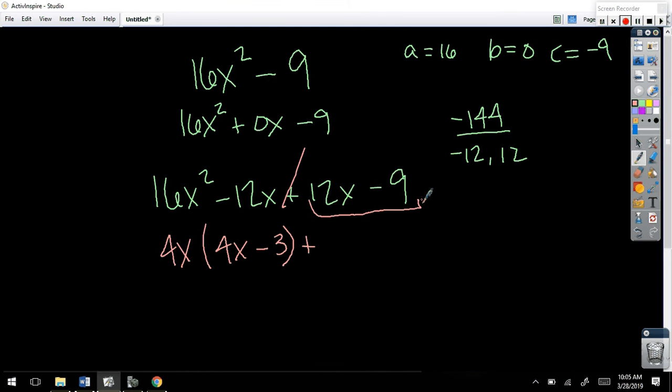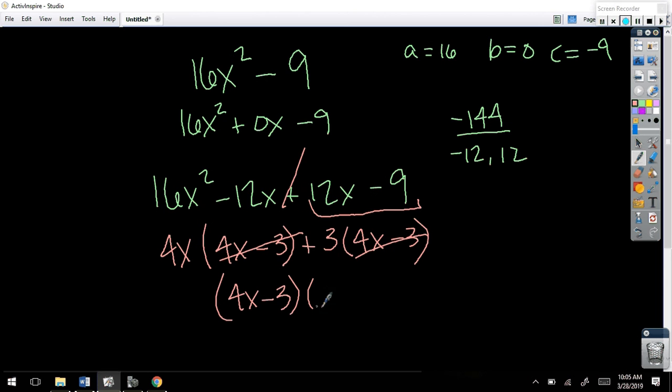What's the GCF here? No, 3. 3. What's left? What do they share? What's left?